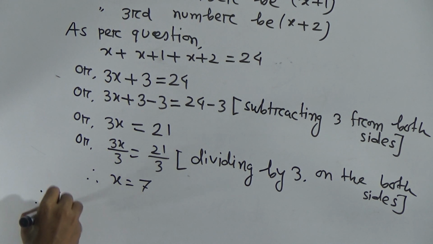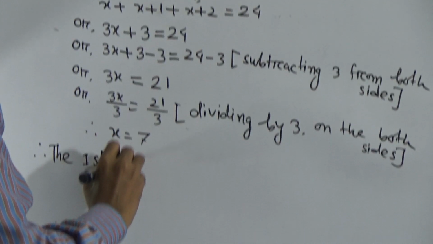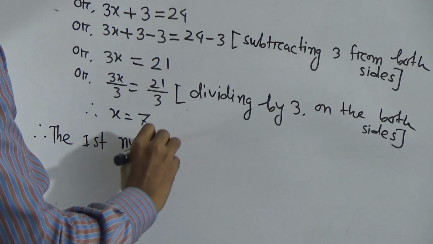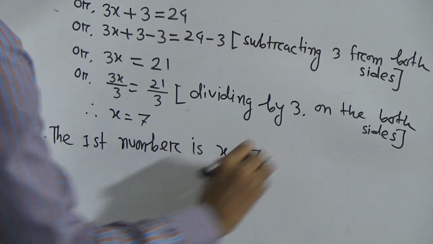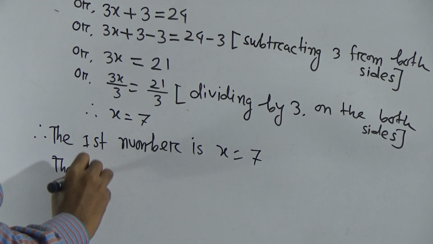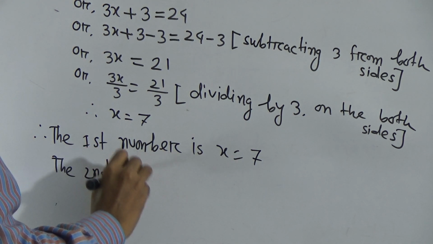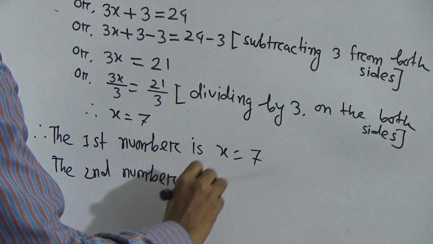Therefore, the first number is x equal to 7. The second number is x plus 1.